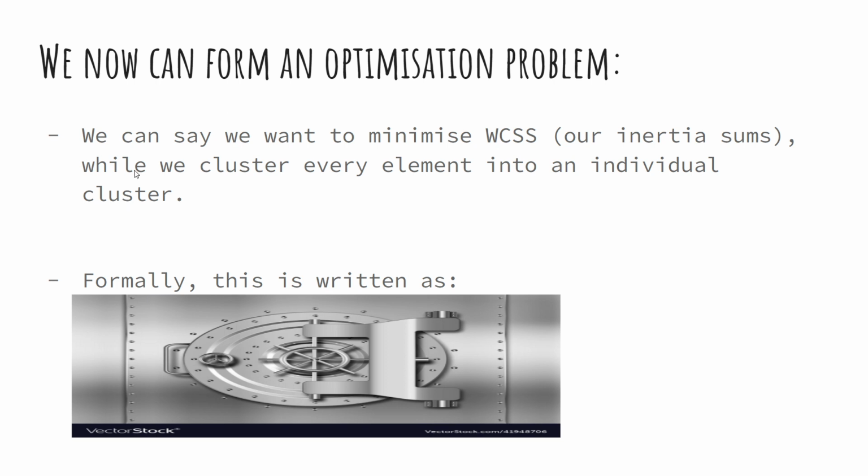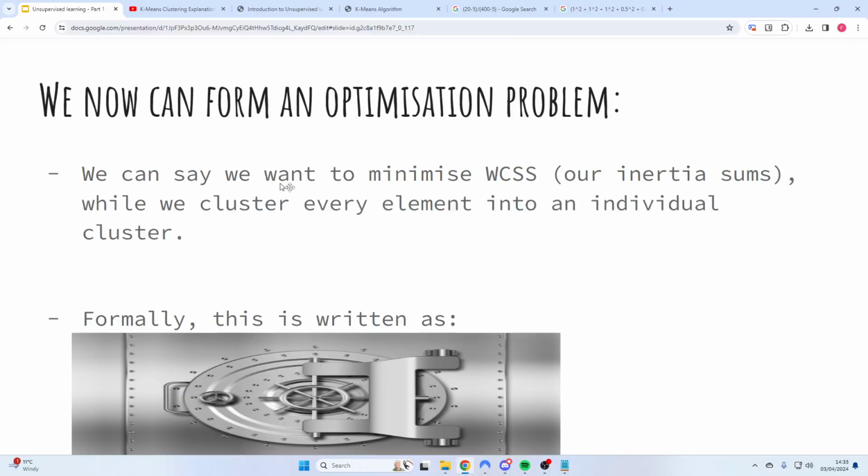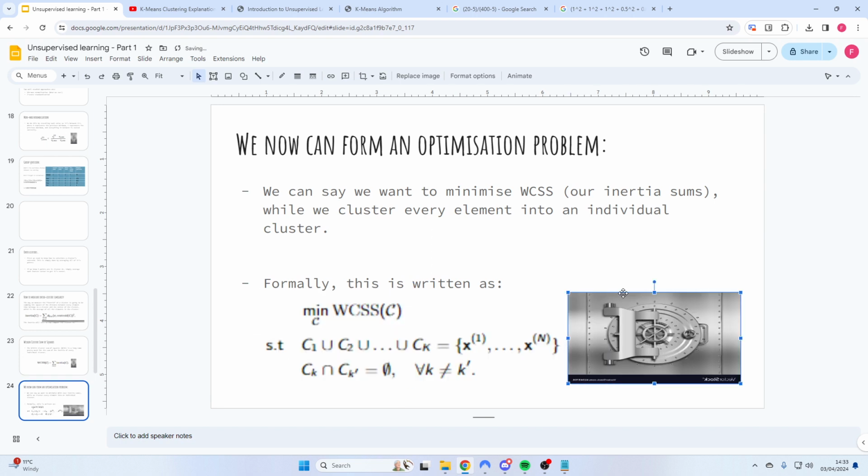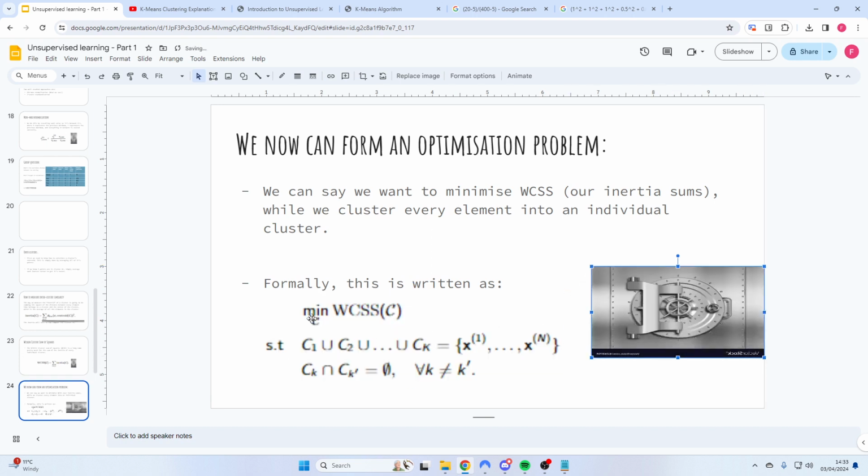And also, the way they write it here, it looks complicated, and all it's saying is every element belongs to a cluster, and no one element belongs to two clusters. And the way they write it is like this. So we want to minimize WCSS, so we're just minimizing our inertias, so every cluster is as compact as possible.